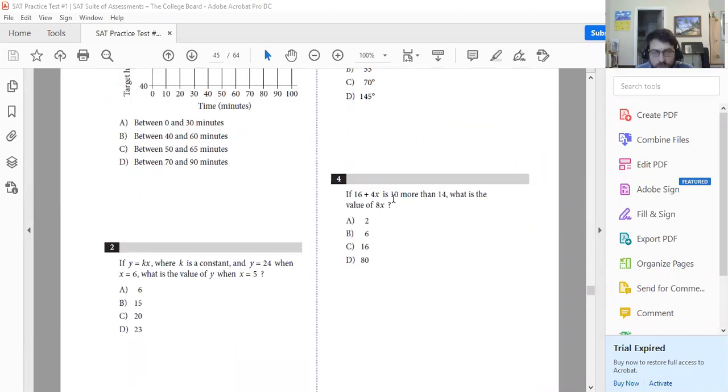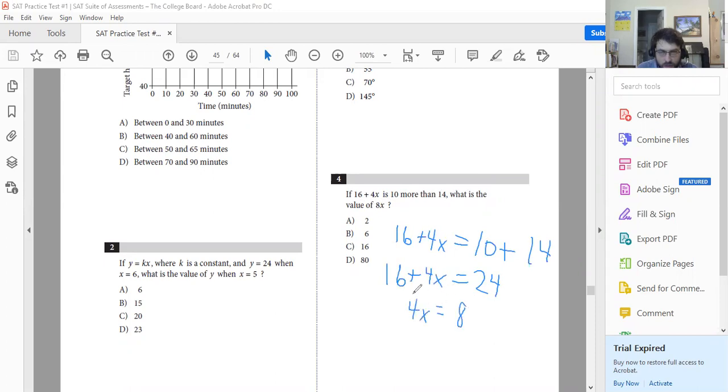Number 4, if 16 plus 4x is equal to 10 more than 14, 10 more than 14 is 24. 16 plus 4x equals 24, so 4x equals 8. x equals 2, but we don't need that.